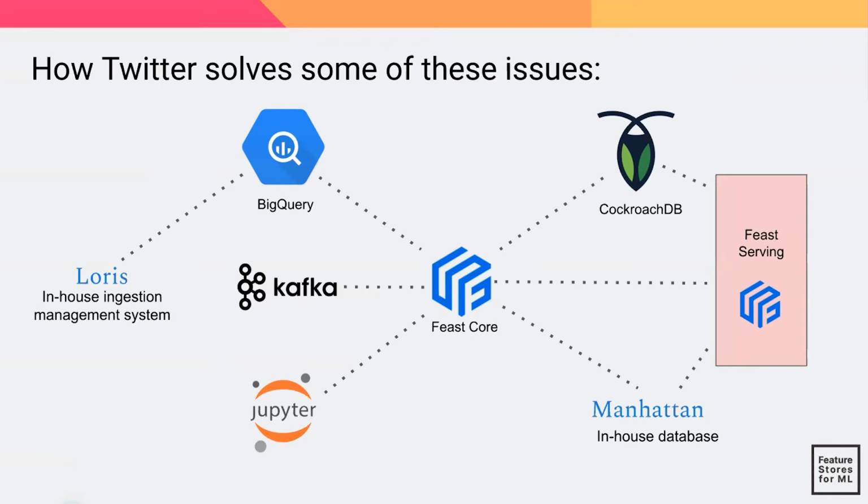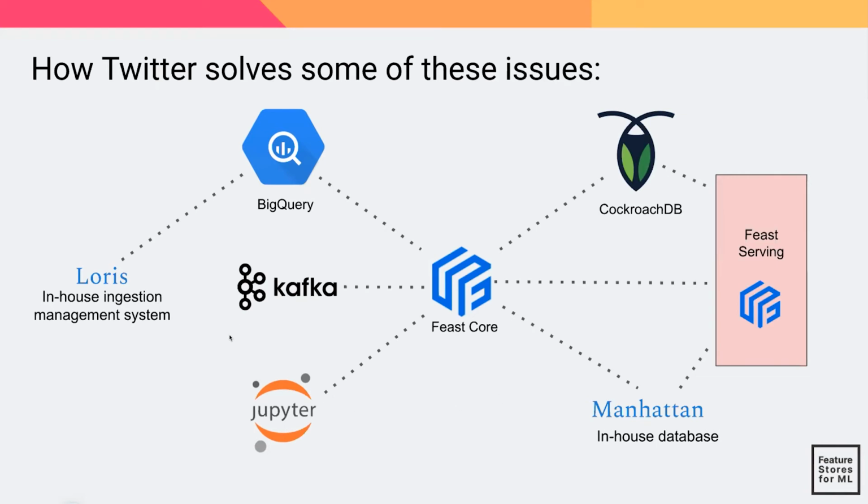It allows us to manage the transfer of data from offline to online stores in a very flexible way. And the challenge for us is that we have a lot of in-house systems. So we needed a solution that provided us the flexibility to plug in our in-house systems where we need to, but also use open source and cloud technologies where we need it.